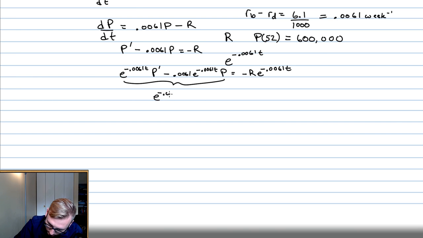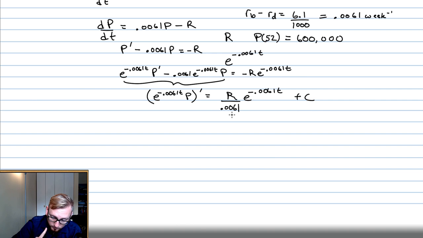So e to the negative 0.0061 t times p prime equals, if we integrate both sides, we get r over 0.0061 e to the negative 0.0061 t plus a constant. Okay, integrate both sides.